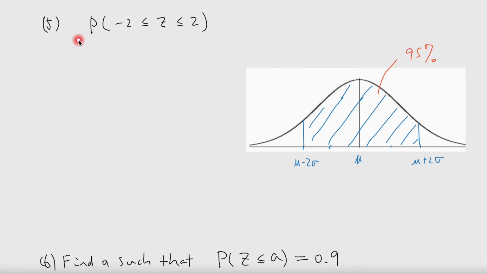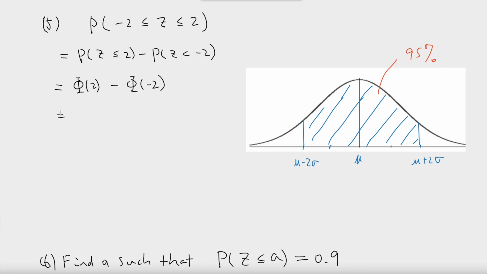Next, we want to calculate the probability Z is between negative 2 and positive 2. This is equal to the probability Z is less than or equal to 2, subtract the probability Z is less than negative 2. This is equal to phi of 2 subtract phi of negative 2, which is roughly equal to 95%.